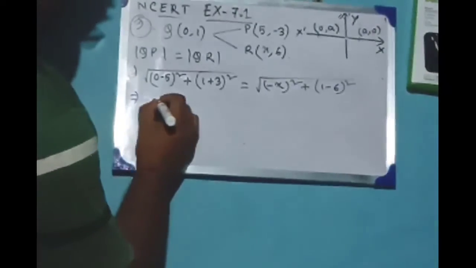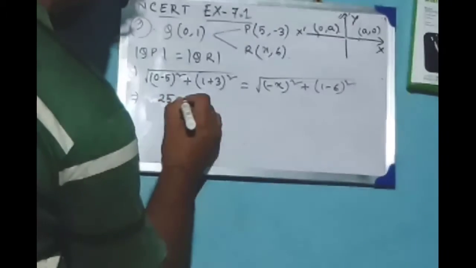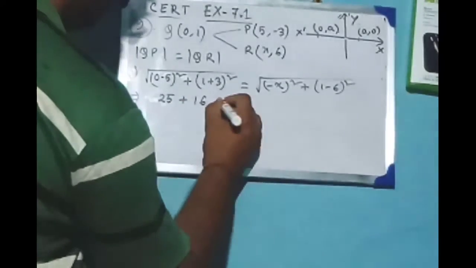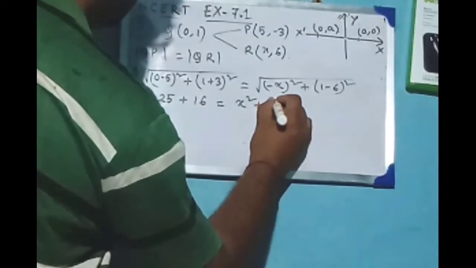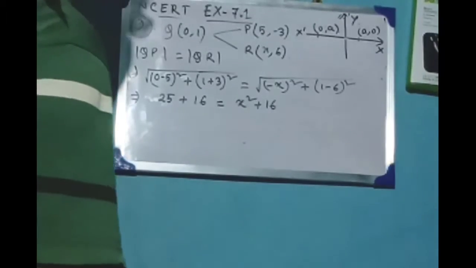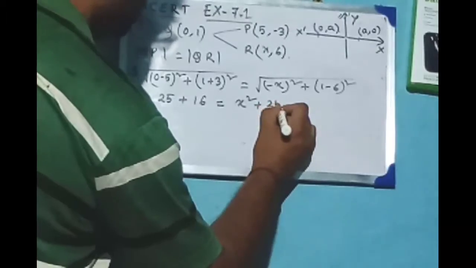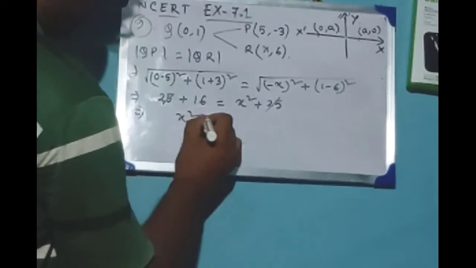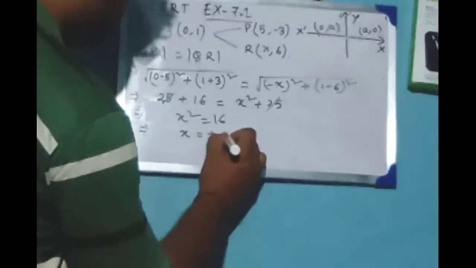Now, squaring both sides, this implies 25 plus 4 square means 16, that's equal to x square plus 16, plus 25. This will not be 16, this will be 25. x square plus 25, 25 will be cancelled out, so we get that x square is equal to 16. That means x is equal to plus minus 4.